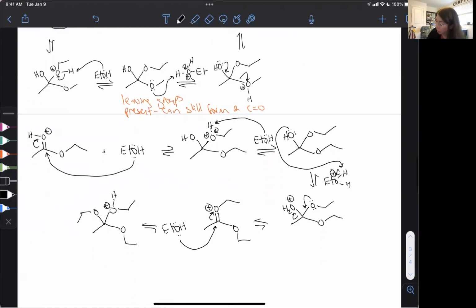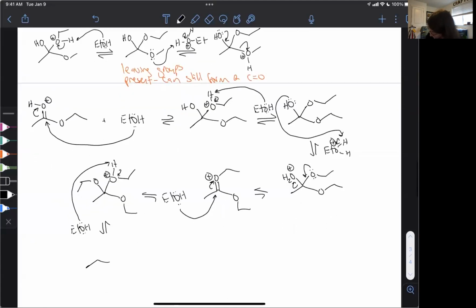Final deprotonation step, and I would end up getting here.